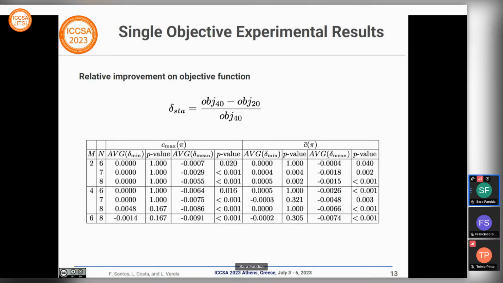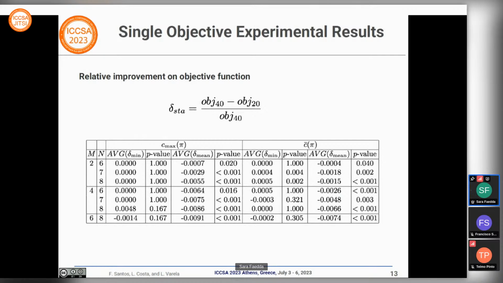We can see that for the best solution, no significant differences were obtained, but for the delta mean, for the average solutions, all the differences are significant. The results are very similar for the other objective.